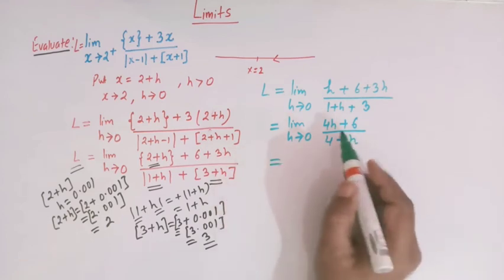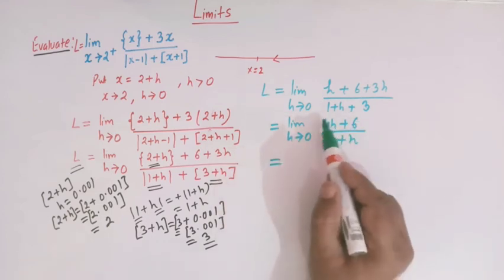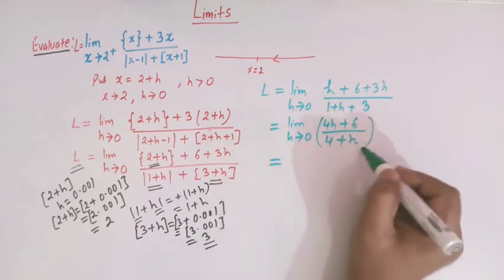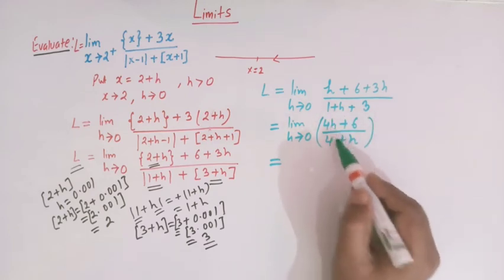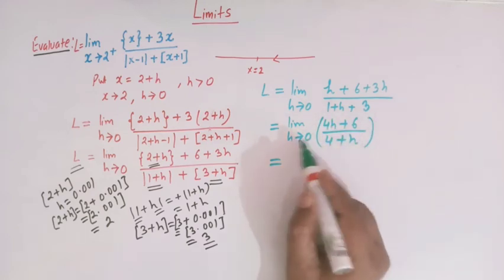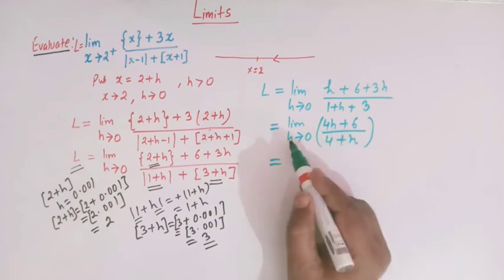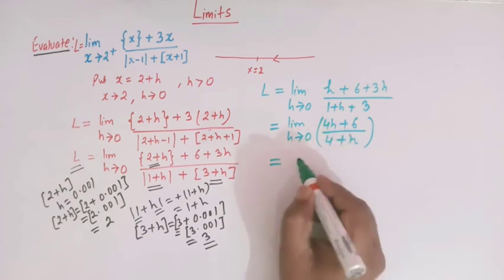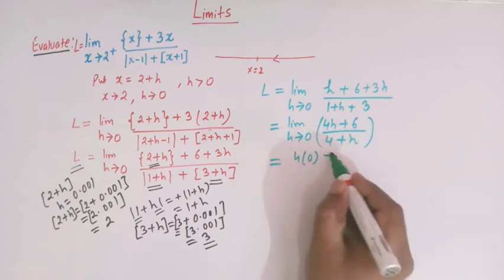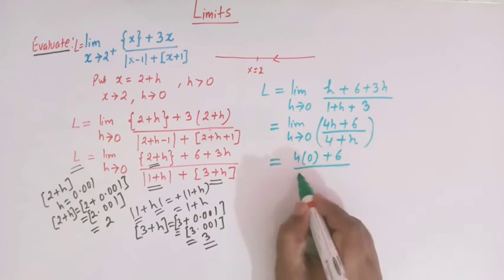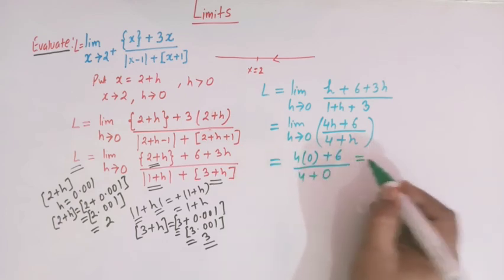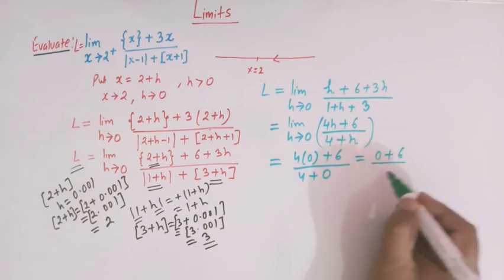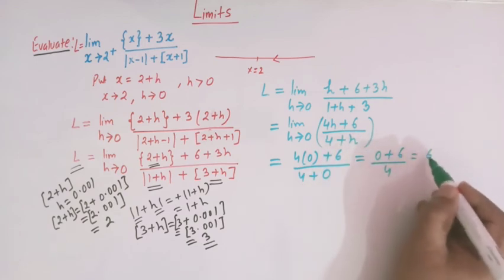Right, now here we see that this is a fraction, that is, a rational function in h. So now we can simply substitute h equal to 0 over here. So we have 4 times 0 plus 6 divided by 4 plus 0, and this is 0 plus 6 over 4, that is 6 over 4.